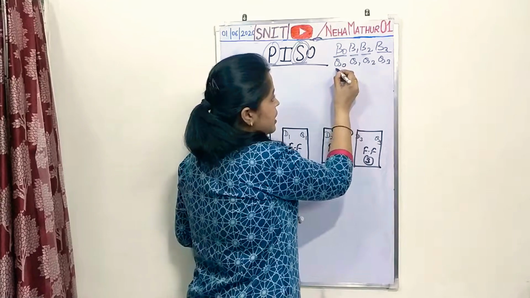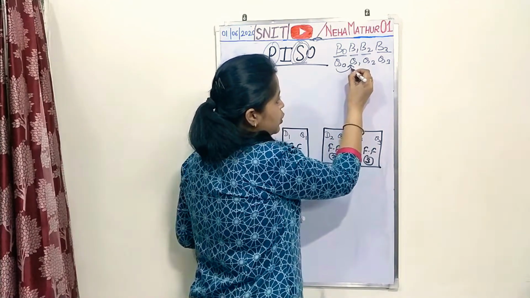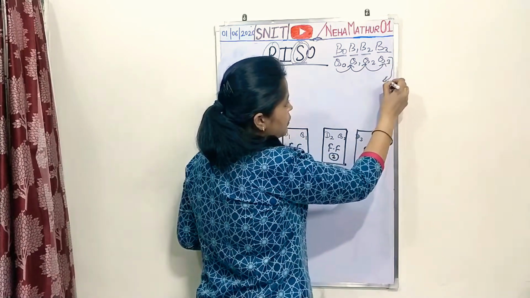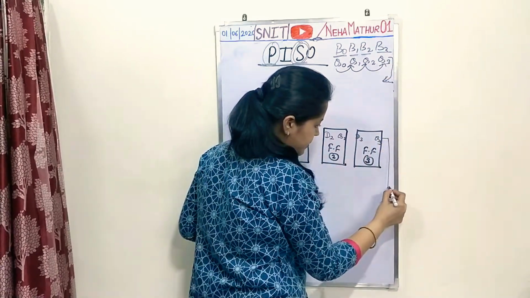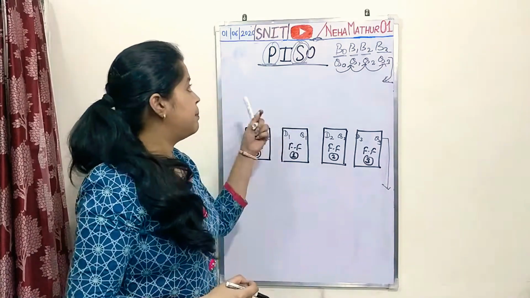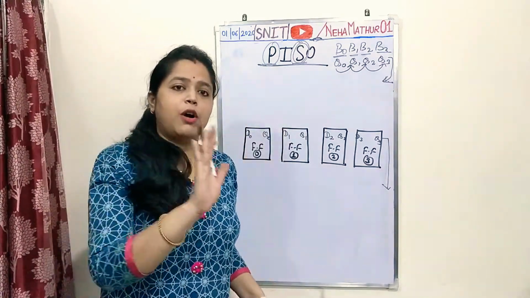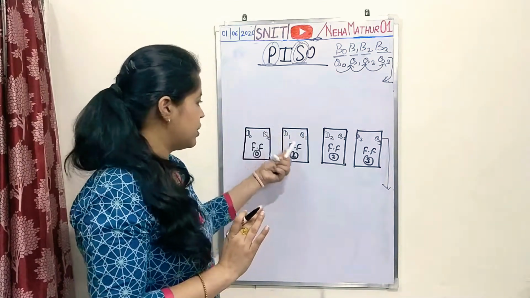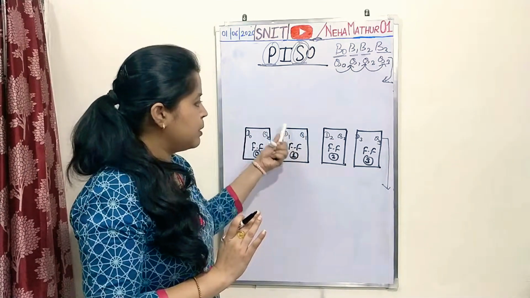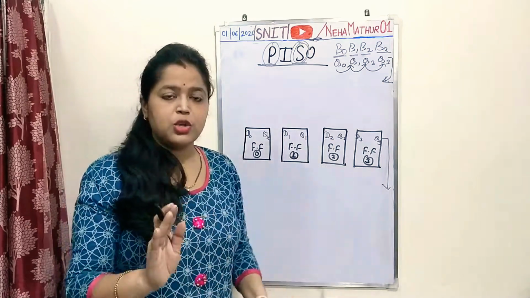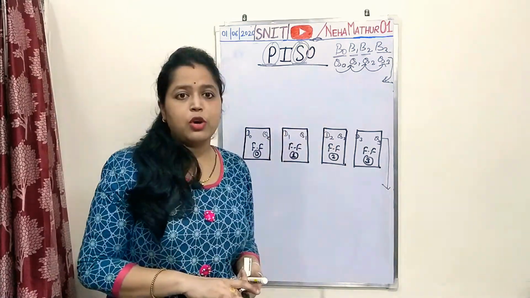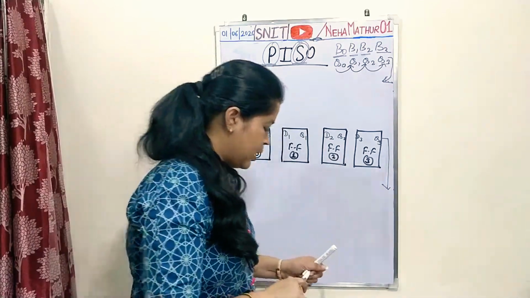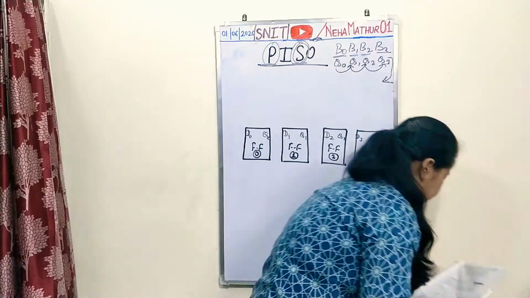That means from Q0 to Q1, Q1 to Q2, Q2 to Q3, and your final output will be from here, because the output is in serial form. The output of one flip-flop will be the input for the next, and so on. So in serial output combination, a shifting process takes place. Now come to its proper diagram.